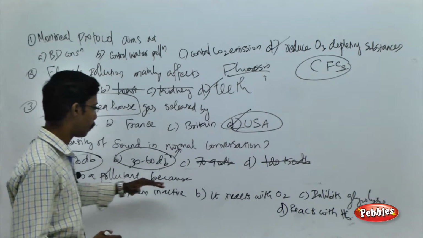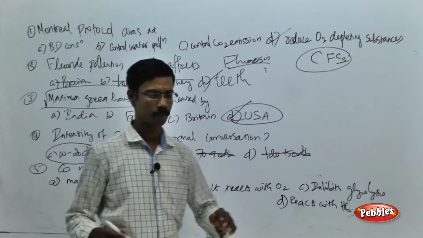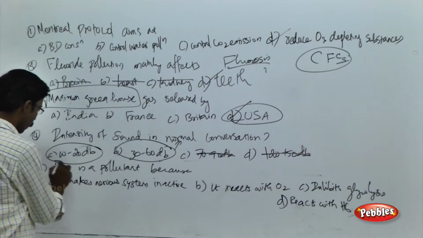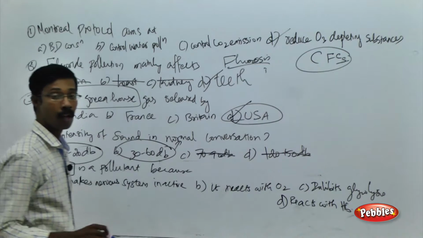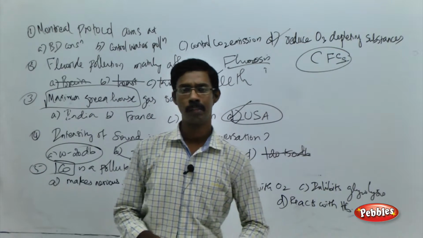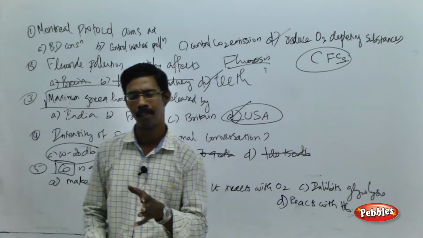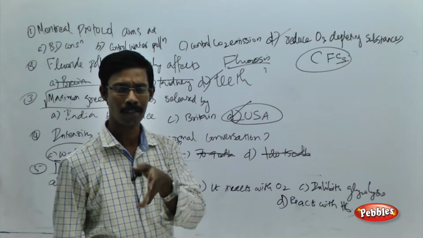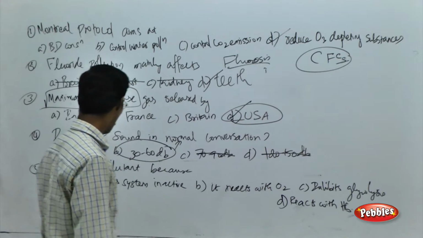Carbon monoxide is a pollutant because... here we are talking not about carbon dioxide, this is carbon monoxide, CO, a pollutant. As we all know, it's a pollutant. What is the reason why we are calling carbon monoxide a pollutant?